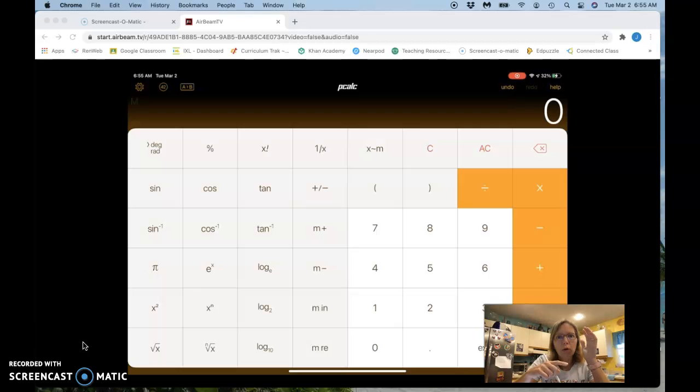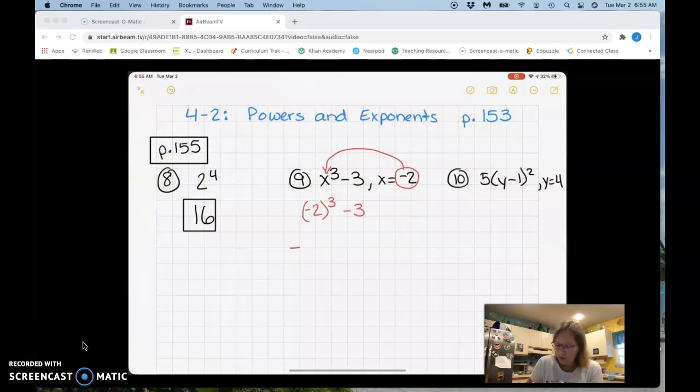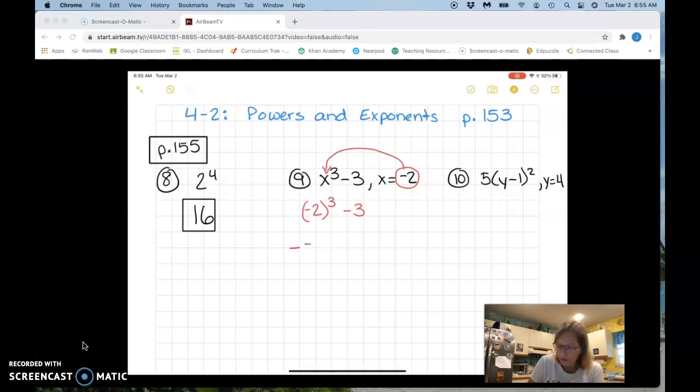So you're going to do parentheses, negative 3, close your parentheses, then push that caret and put it to the third power, okay? On mine, I do not have to use my parentheses. Okay, so negative 27. So negative 3 to the third power is negative 27.